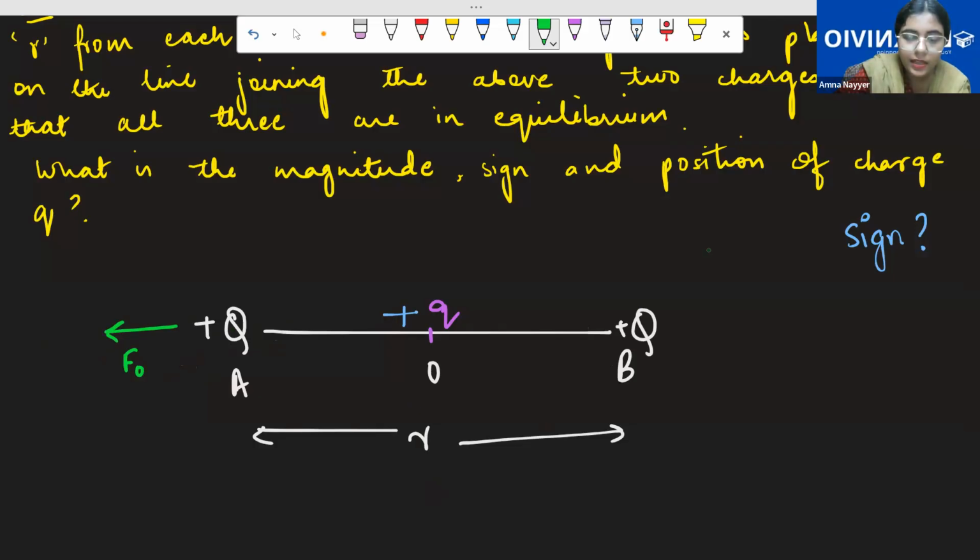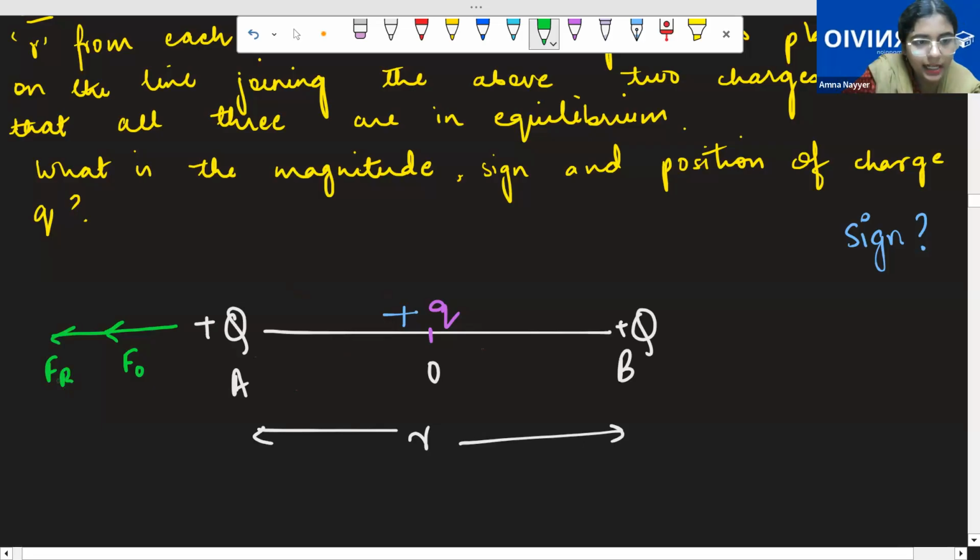B will also move away, yes, correct. Means A will move away due to B as well, because both are positive. Positive charges repel each other. So FB would be like this.